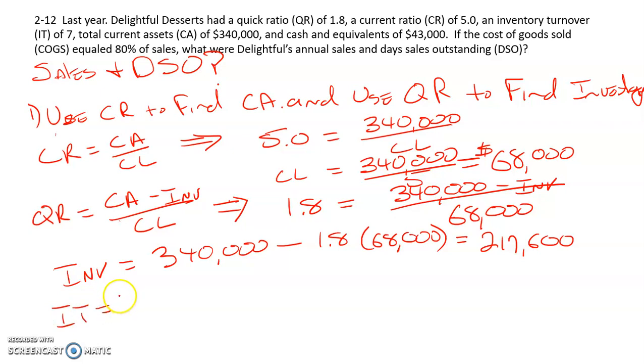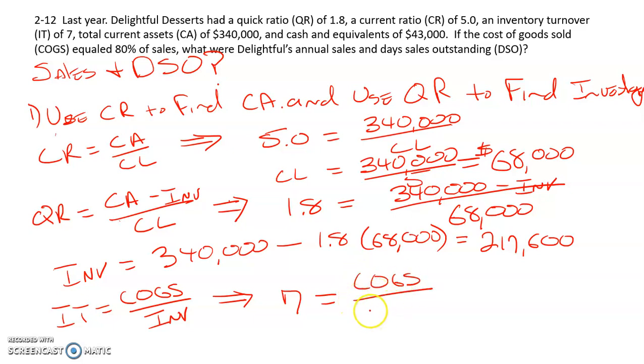So now on our next one, we've got inventory turnover, and that is cost of goods sold divided by inventory. So plug everything in here. We've got 7 is equal to cost of goods sold divided by 217,600.